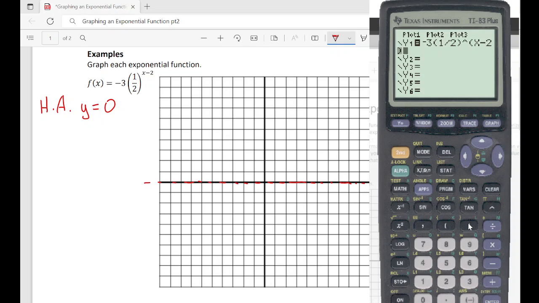Parentheses are pretty easy to use. Calculator understands it. So -3 times 1/2 raised to the x minus 2. I'm going to verify that my table is going to start at 0 and go up in increments of 1. So everything's on auto. I'm happy.